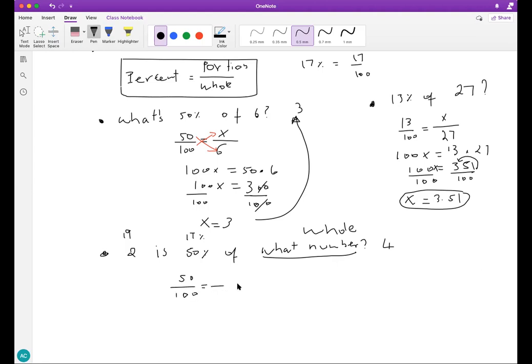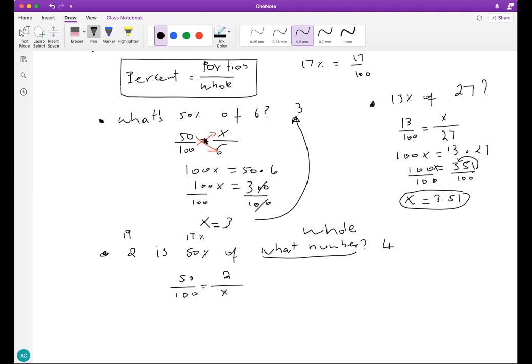And then the other part, portion and whole. This time, what does 2 represent? Is it the whole or the portion? It's the portion. Exactly. 2 is the portion, a smaller number. So this time we're missing the whole. So we're going to put X. That's right. X goes here instead of here.